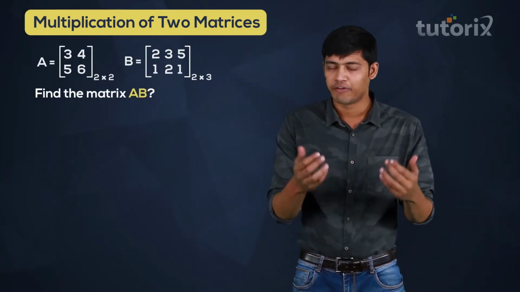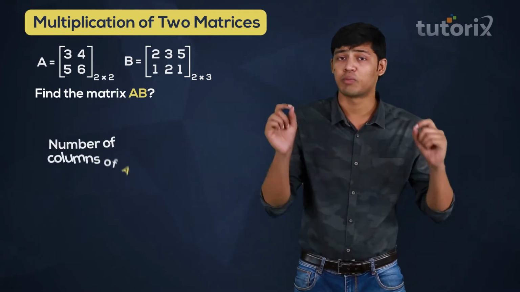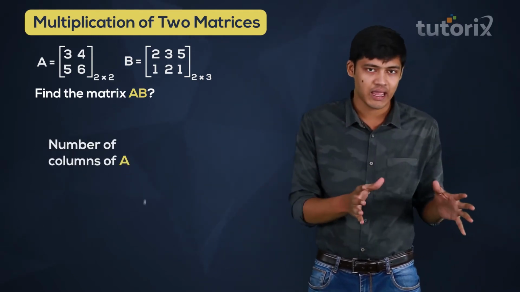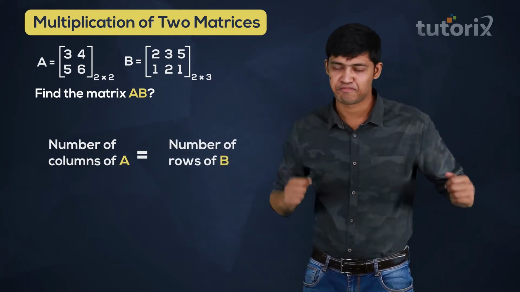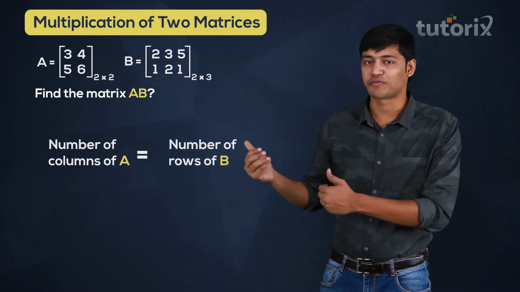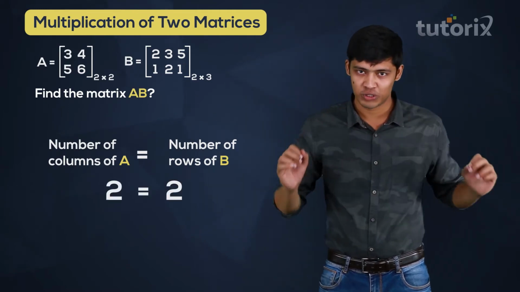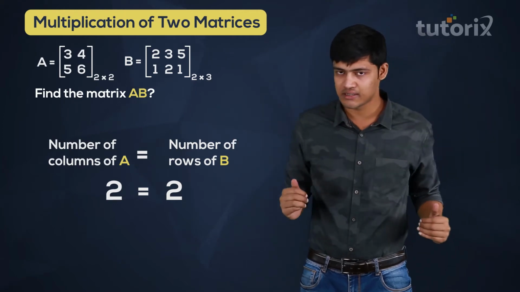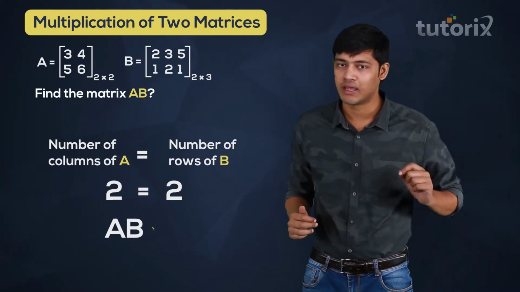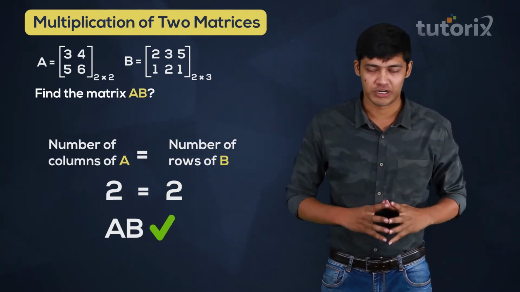So for that, we have to check whether the number of columns of the matrix A is equal to the number of rows of the matrix B. As we can see, both of them are equal to 2, which implies that the product of these two matrices in the order AB is perfectly possible.